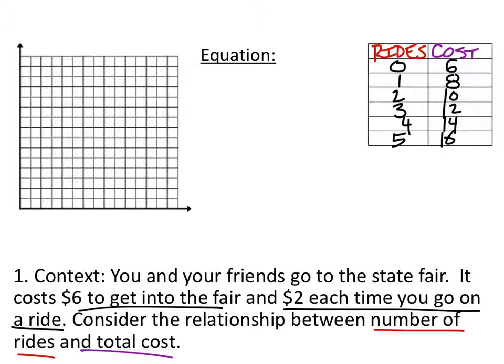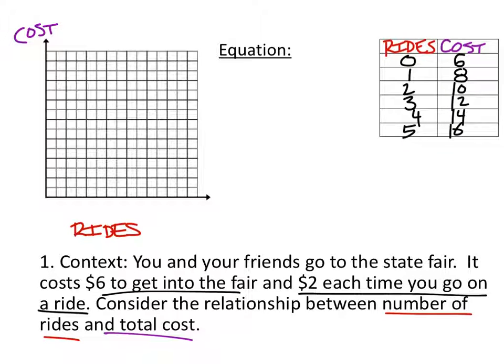All right, I'm going to do the graph next because we have the ordered pairs from the table. And we can label this because we know that the x is the rides and the y is the cost, so we'll label the axes right now. And then we'll scale this. So number of rides, that just goes up by 1 each time, so I'm going to start at 0, and we'll say it goes up by 1 for each line. So there's 5, 10, and 15.